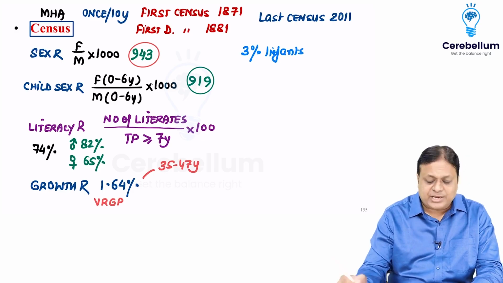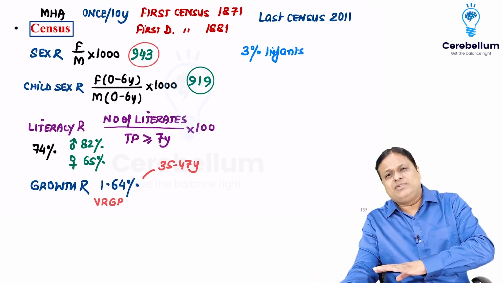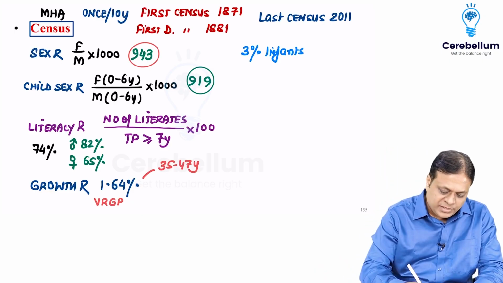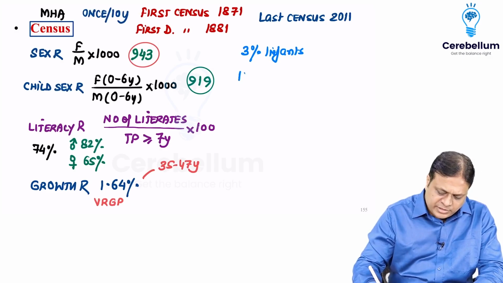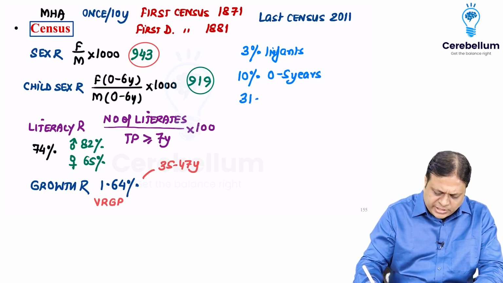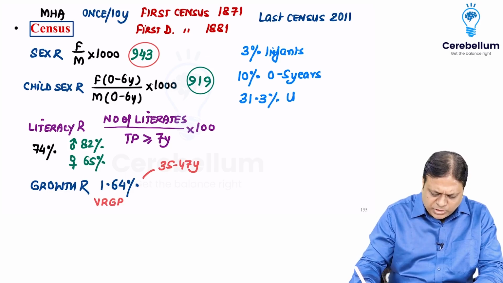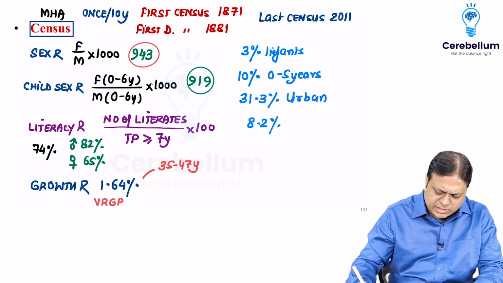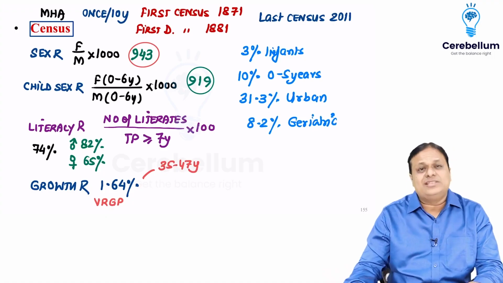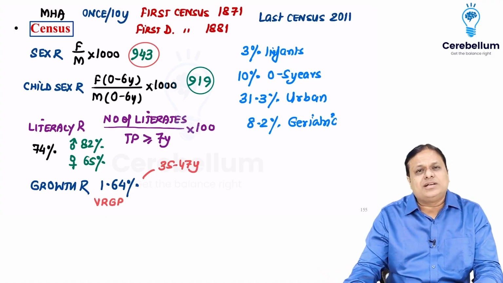We can say pregnant women at a given one time also constitute 3% of total population of India. We have 10% population comprising of children 0 to 5 years. 31.3% population is urban and above 8% population is geriatric. Geriatric is aged 60 years and above in the country.